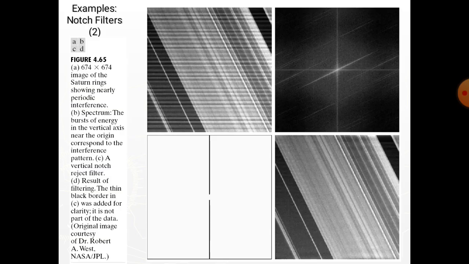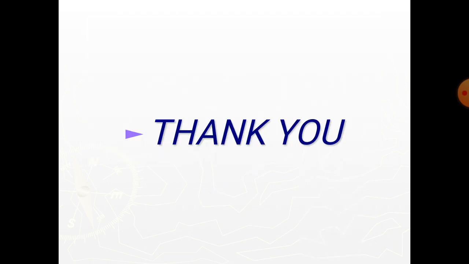So figure A is the resulting spectrum of applying a notch pass filter to the DFT, and figure B is the spatial pattern obtained by computing the IDFT of figure A. Thank you.